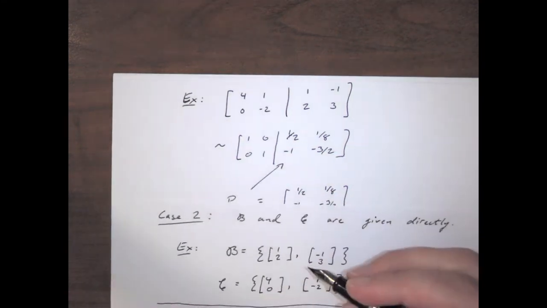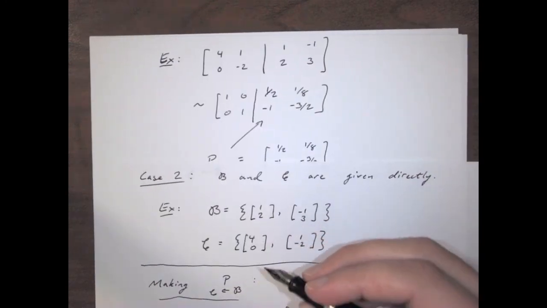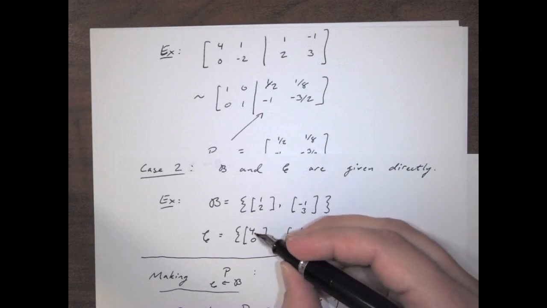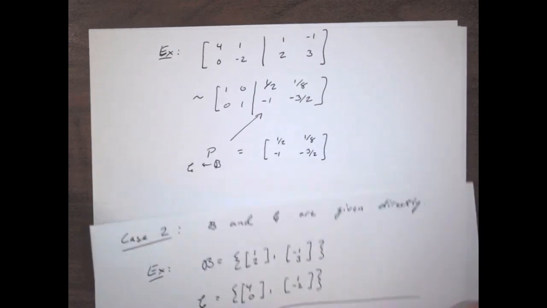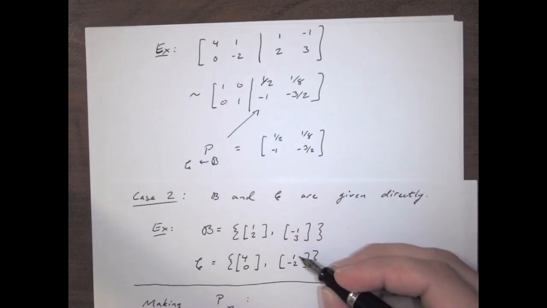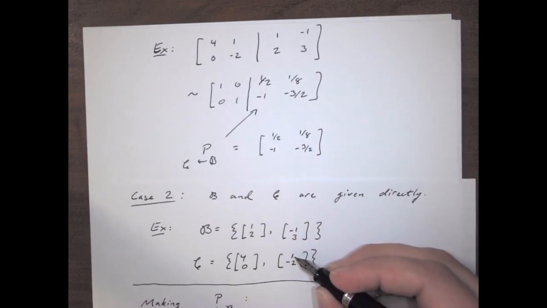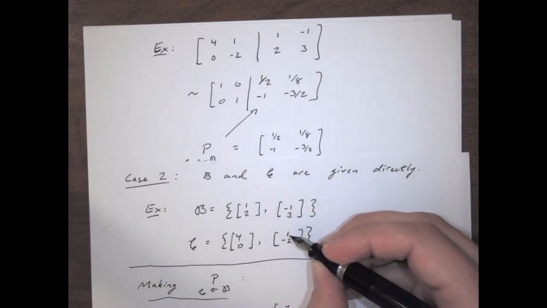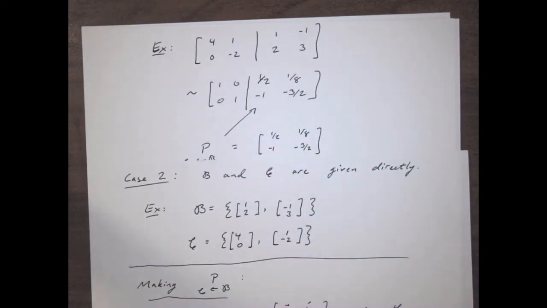Our goal is to make this vector out of these, and it's 1/2 of this one, so that puts it at 2, 0, plus -1 times this one, so that's going to make 1 and 2.